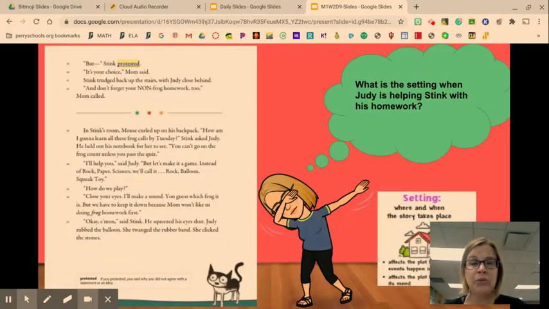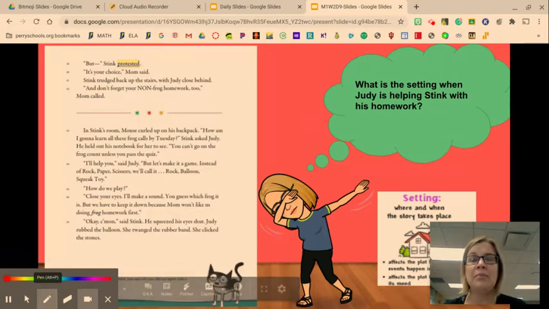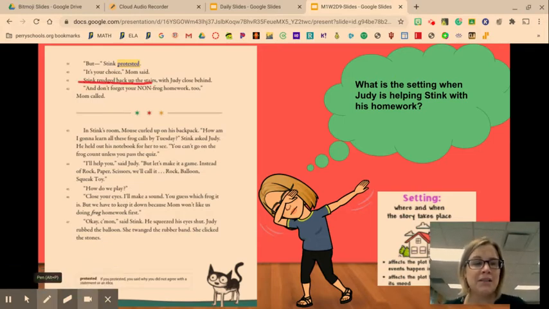Moving forward, we want to think about what is the setting when Judy is helping Stink with his homework. And I know that she's helping him with his homework after Mom says, you need to go do this. And so one of the things that we know is that he trudged back up the stairs. So right here in my text, he's going upstairs, so he's at their house.